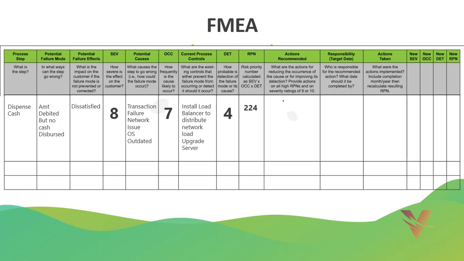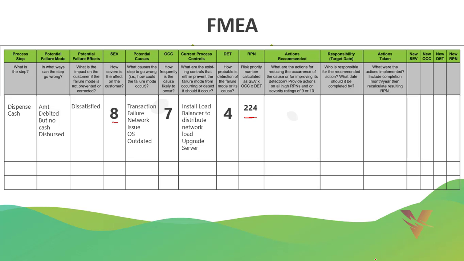We have a severity rating of 8, but the risk priority number is 224. So here it is up to you. You can recommend certain actions to work on the problem, or you can leave it as it is if the problem is not of so high a risk rating.